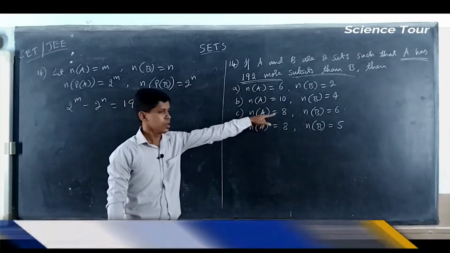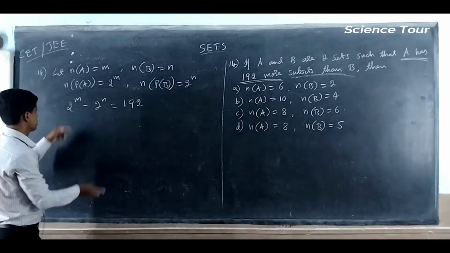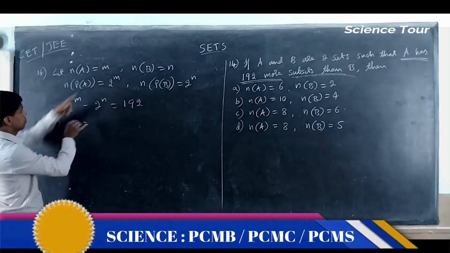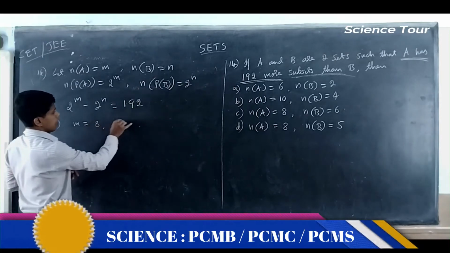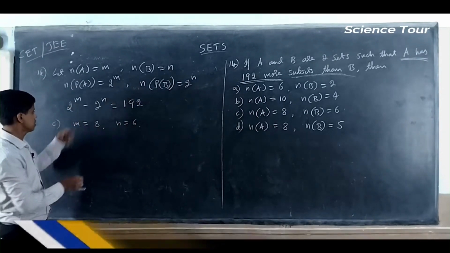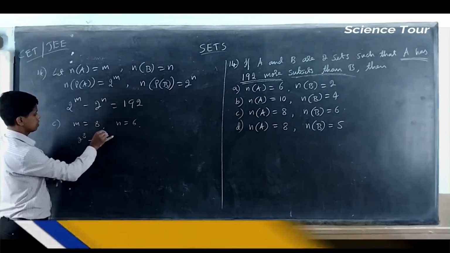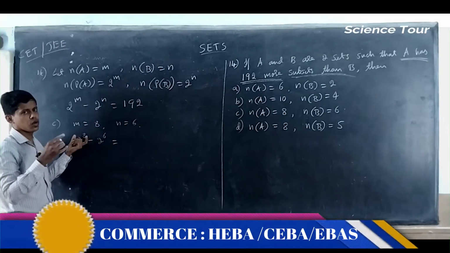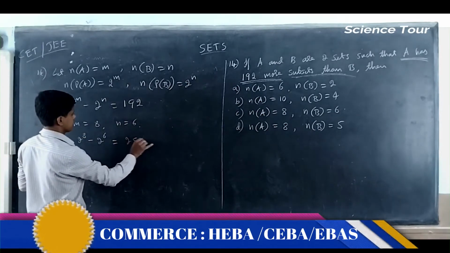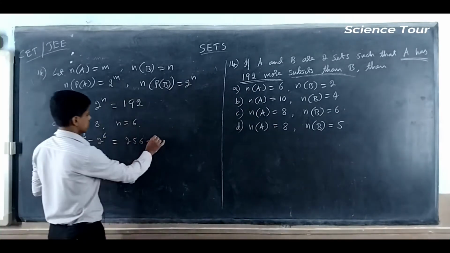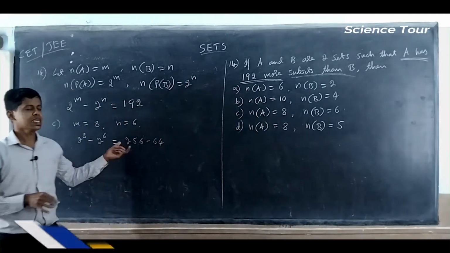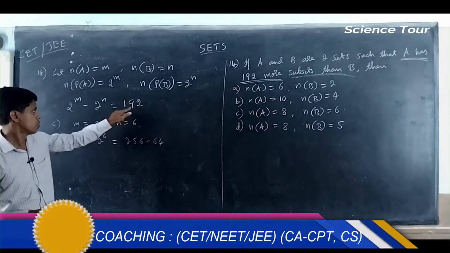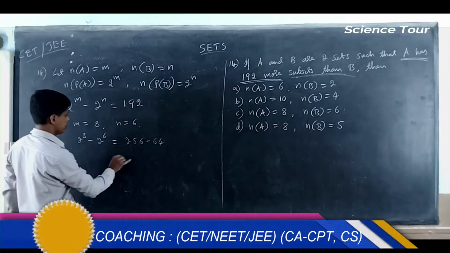If you're going for the third option, m is 8 and n is 6, then this is 2 raised to 8 minus 2 raised to 6. 2 raised to 8 is 256, minus 2 raised to 6, which is 64, and that gives you 192. Only that will give you 192.